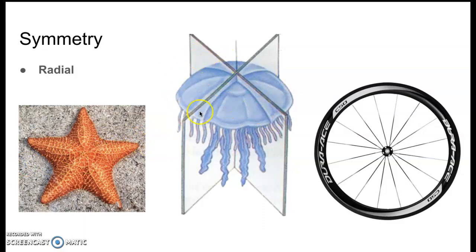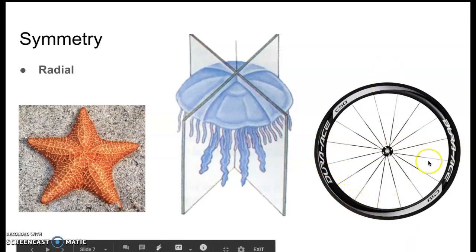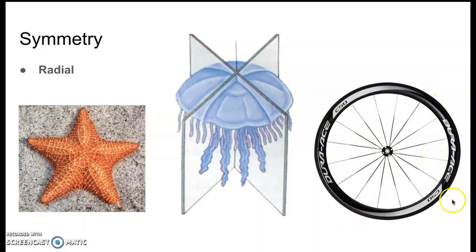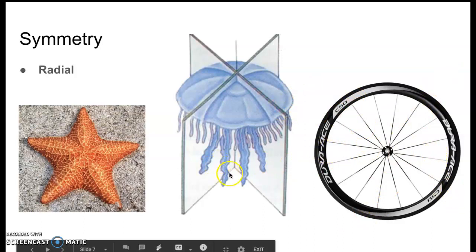No matter how we divide him, and we can divide him multiple ways, we're still going to have equal parts. Just like an example that you have in your house, your bicycle tire. You can split the bicycle tire in multiple ways, and the two sides are still going to be equally the same. Radial symmetry means that there are multiple ways that it can be divided and have symmetry.